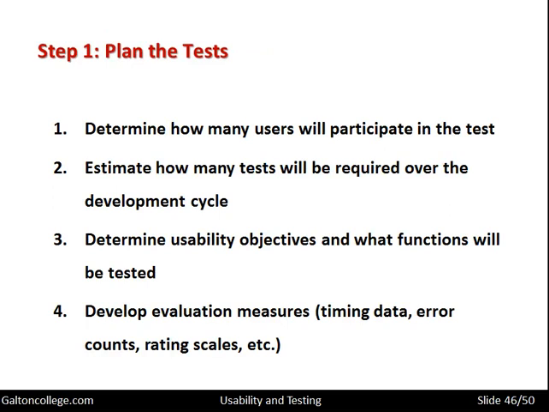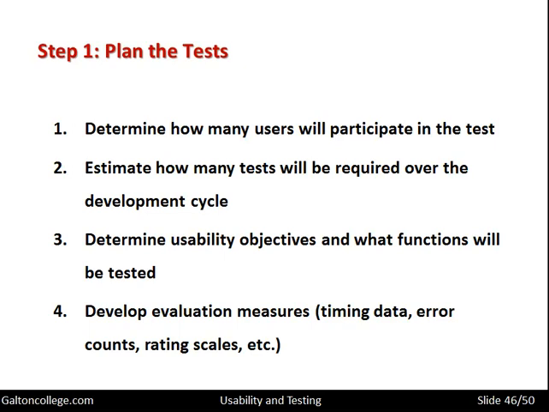So, step one, plan the tests. Determine how the users will participate in the test. Estimate how many tests will be required over the development cycle. Determine usability objectives and what functions will be tested.